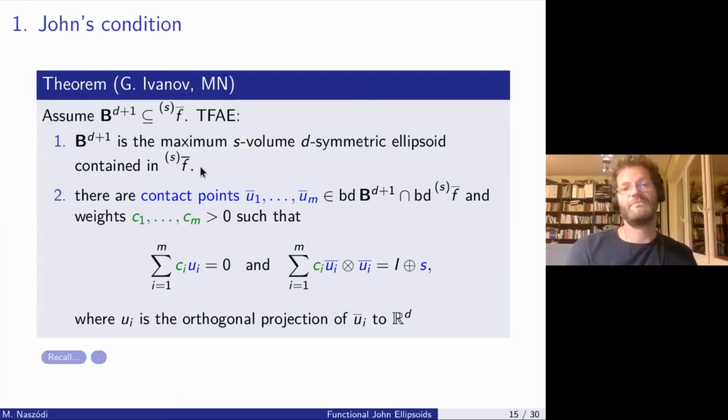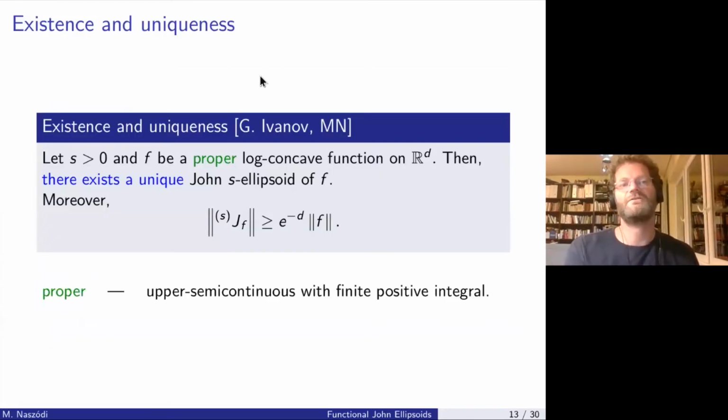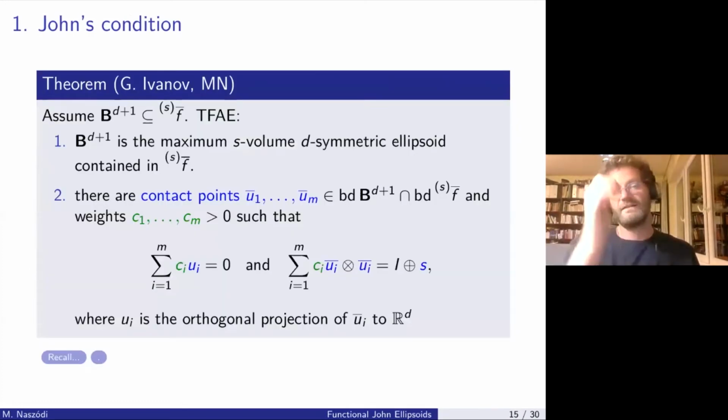So if S is some positive number, so we fix S, all these stories start with fixing a positive S, then we can give an equivalent characterization of the case when the (d+1)-dimensional ball is the largest S volume D-symmetric ellipsoid contained in the S lifting.